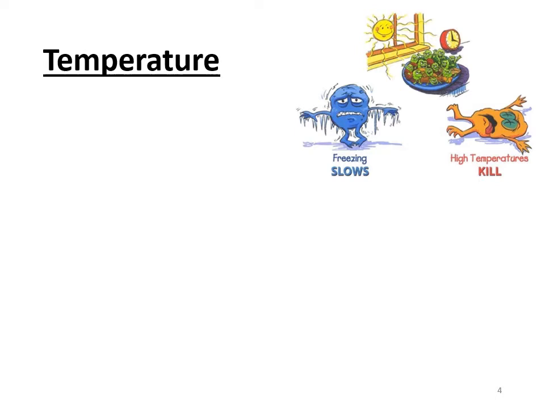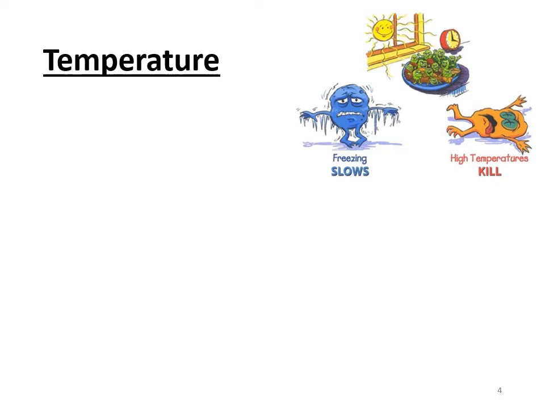They're going to cause death. That's why we heat things and cook food, because that kills microbes. And what we call that is bactericidal. So when you hear "cidal" at the end of a word, like genocidal, suicidal, homicidal, that means death or killing. So high temperatures kill, cold temperatures stop growth.